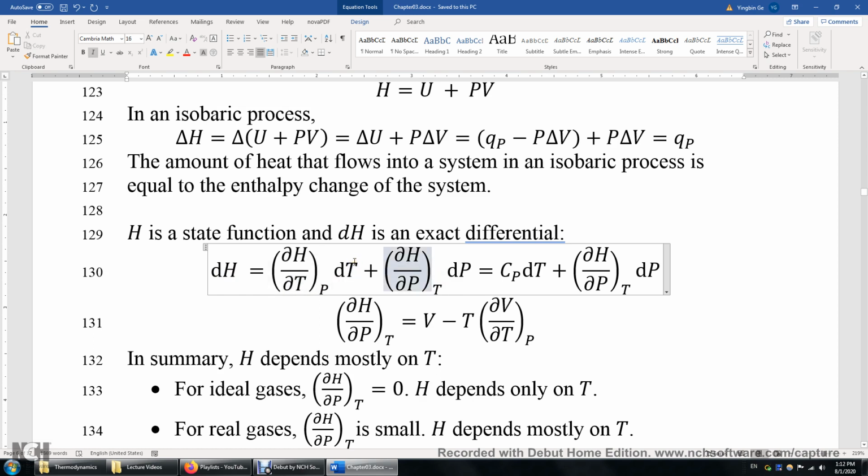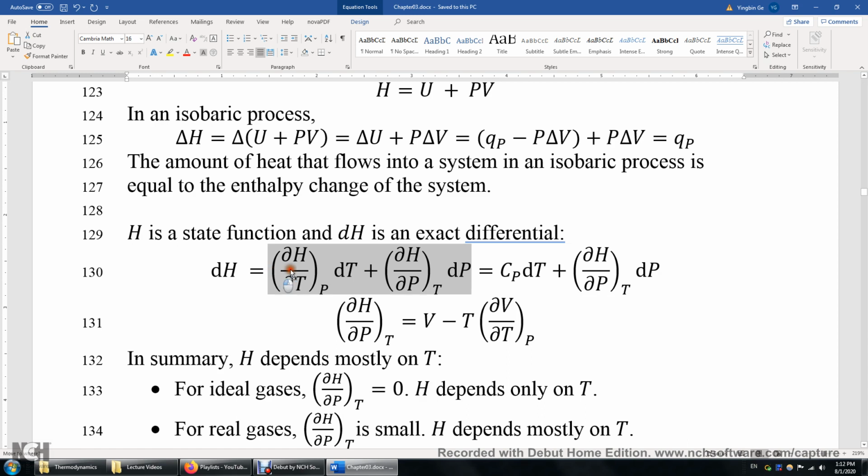How about volume? Does enthalpy depend on volume? Yes, but this expression includes the variation of enthalpy with volume already, because volume is a function of temperature and pressure.